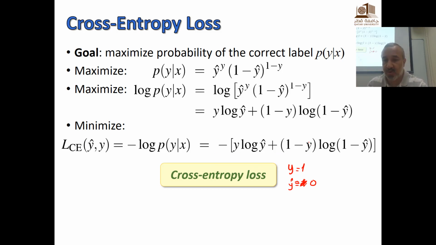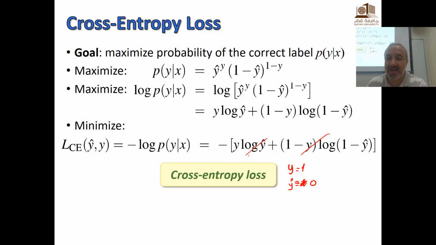Y is 1, so this part is again 0, because 1 minus 1 is 0. Let's look at this. Y hat is 0. Log 0 is what? Log 0 is minus infinity. Very good. There is a big difference, by the way, between infinity and minus infinity.